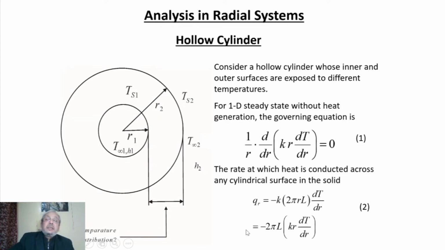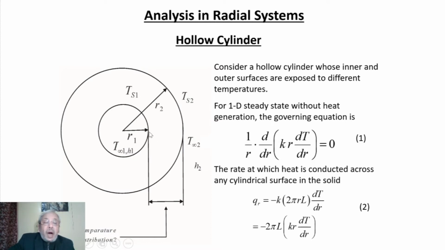Having done that, we'll take up a radial system. In the radial system, we will first consider a hollow cylinder, and in this hollow space, it is filled by a liquid or a fluid having temperature T infinity 1 and film heat transfer coefficient or convective heat transfer coefficient again h1.